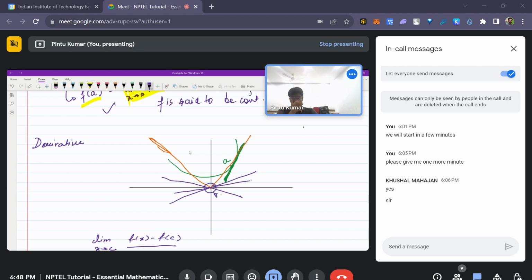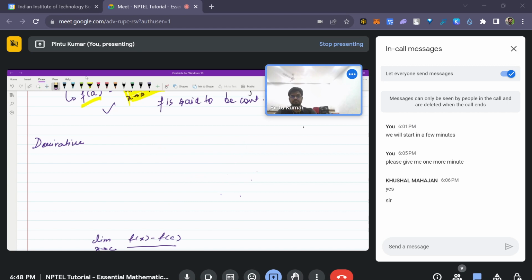Okay. So just to motivate the definition of the derivative, when do we have a unique tangent? Let's say we want to find a tangent at this point A. If you look at the motivation for limit, what we used to do is, from here we used to draw a line and then look at its slope, and then we kept pushing this point P closer to A. Okay, this was the idea, right?